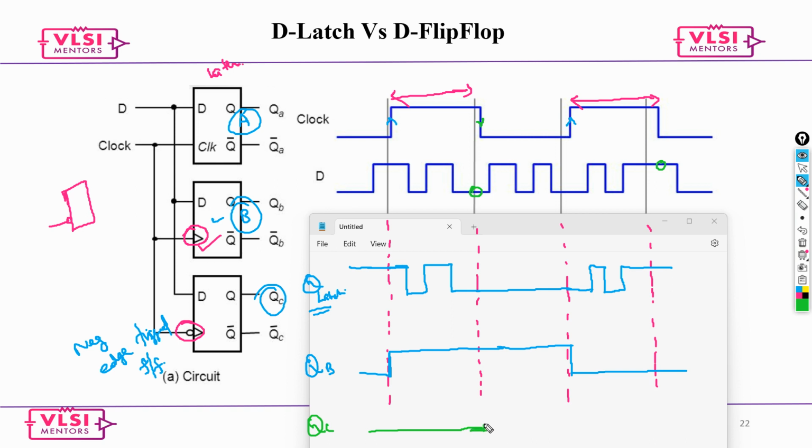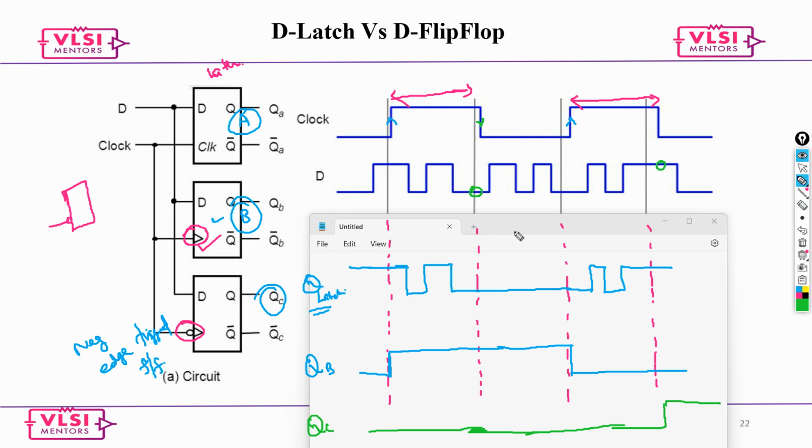It is going to continue at 0 all the way till here, and then in the last portion it is going to go up. So this is how your timing diagram works. Your clock and D were given, and when you have to draw the output waveform, this is how you draw it.